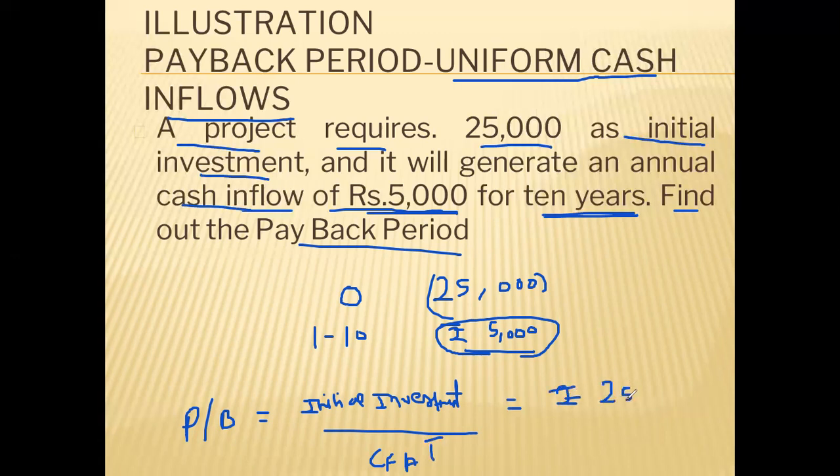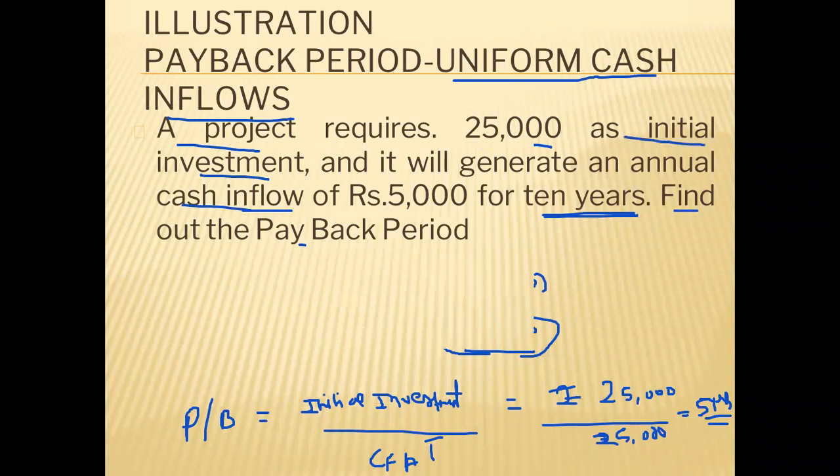So 25,000 divided by 5,000 will be our payback period. So what will be the payback? 25,000 divided by 5,000. It should be 5 years. This should be 5 years, not 5,000, 5 years. It is payback period, no? Period will be in years.